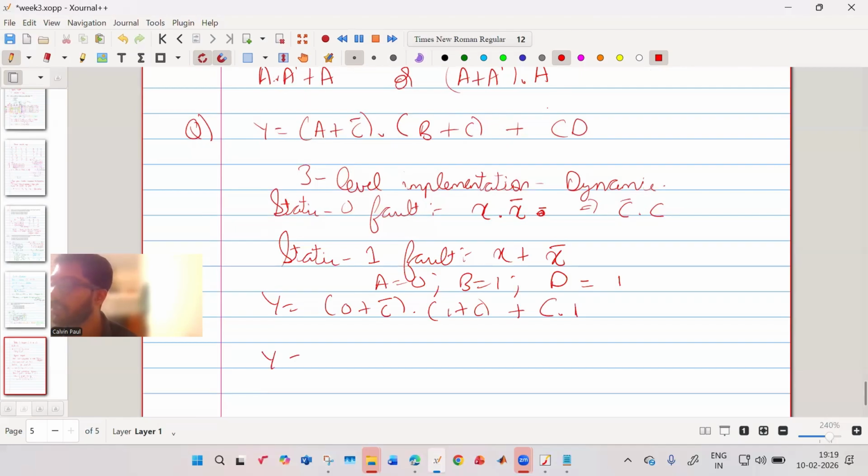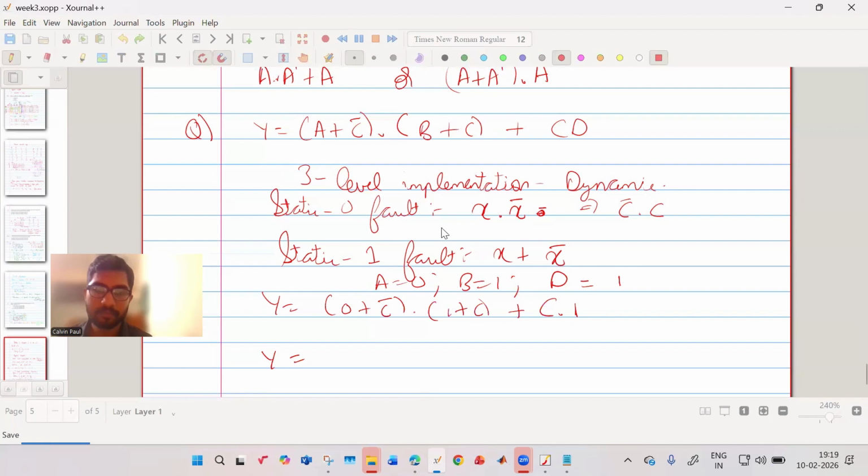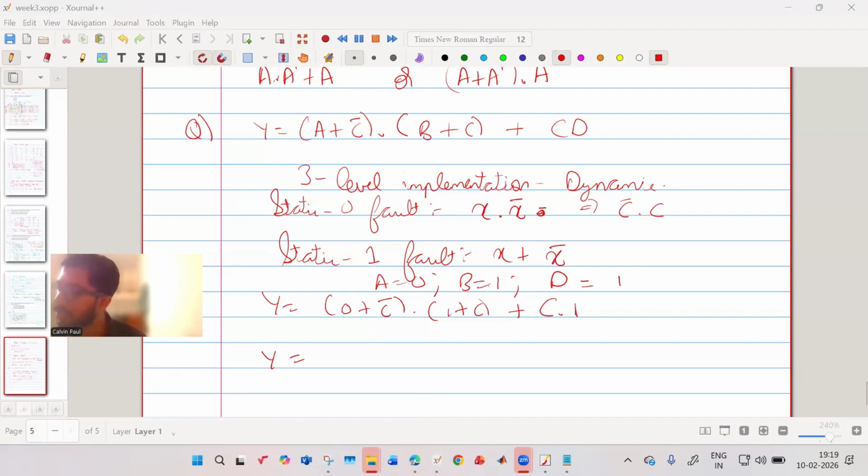What is 0 or C bar equal to? C bar, correct.